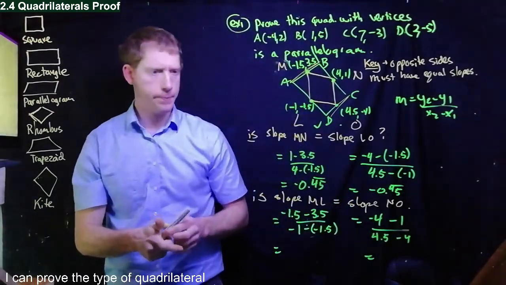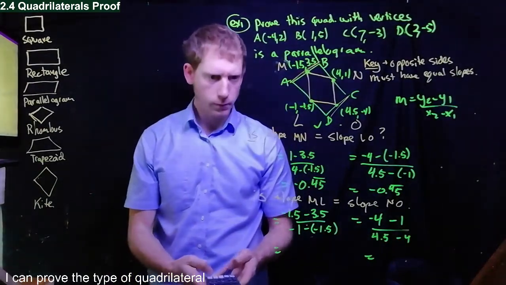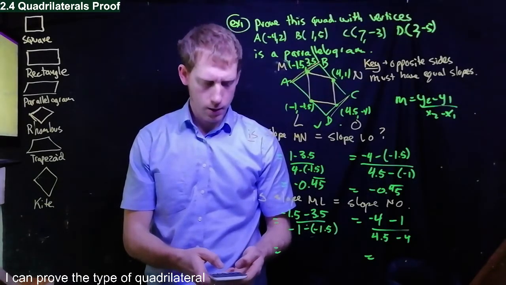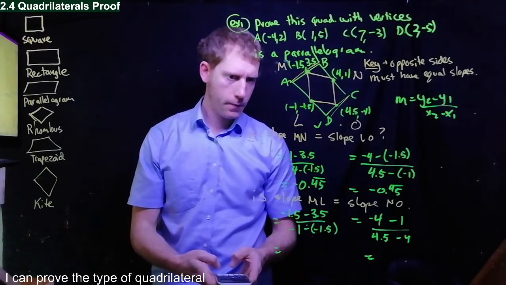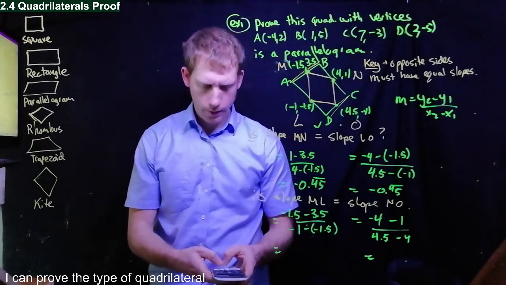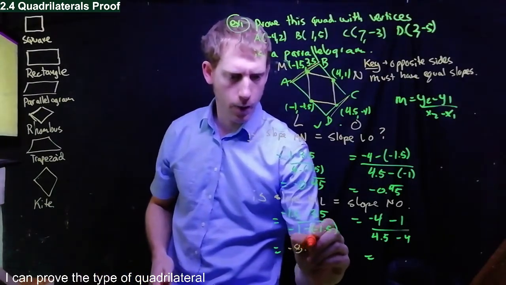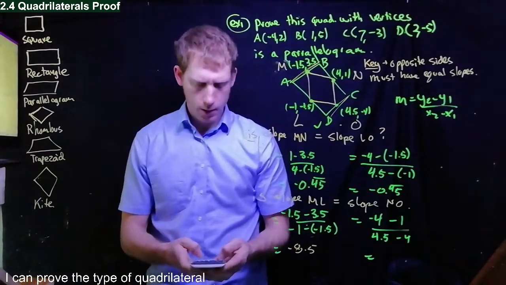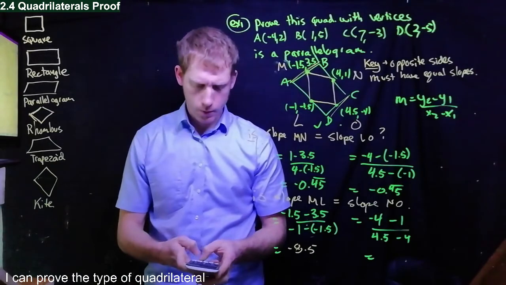So let's see, do we get the same slopes? Negative 1.5 minus 3.5 divided by 0.5. We get negative 8.5. Let's do the other one. Minus 5 divided by 0.5.